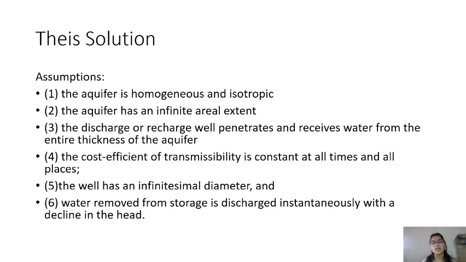Its discharge well penetrates and receives water from the entire thickness of the aquifer. The aquifer we are studying is the Gulf Coast aquifer. The coefficient of transmissivity will be constant at all times at all the places. The well is supposed to have an infinitesimal diameter, and the final assumption is that water removed from storage is discharged instantaneously with a decline in head.